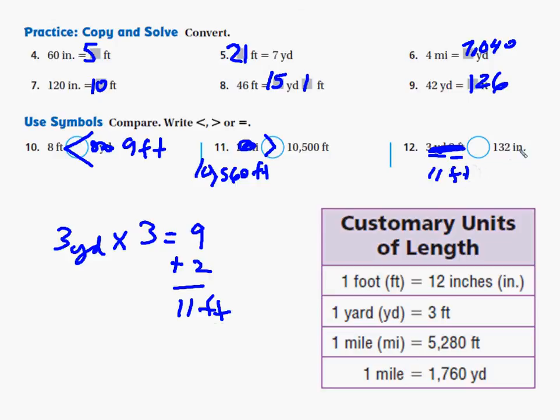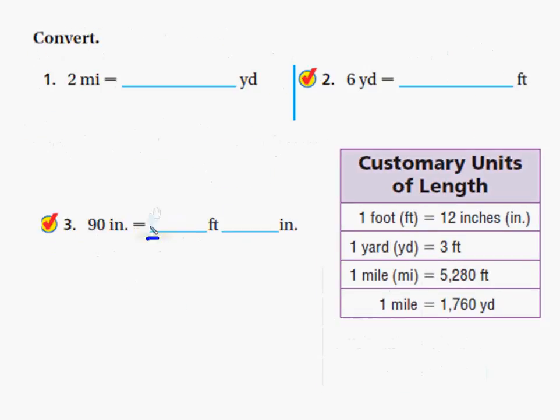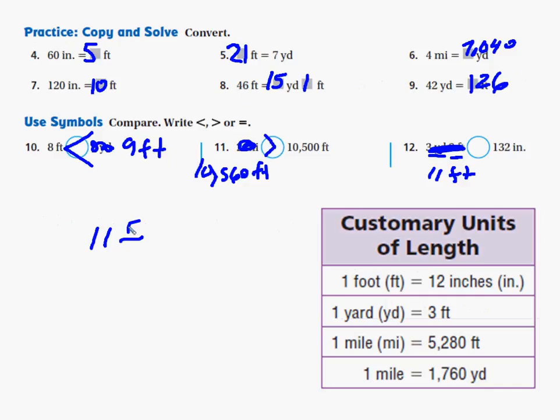So I can change this to 11 feet. Well, I still have feet and inches here. So I need to change 11 feet into inches. Feet to inches is big to small. That's multiplication. And how many inches are in a foot? That's 12.